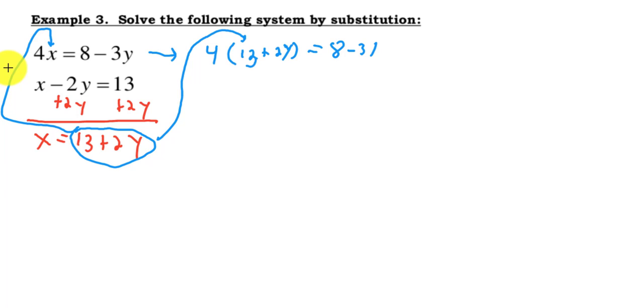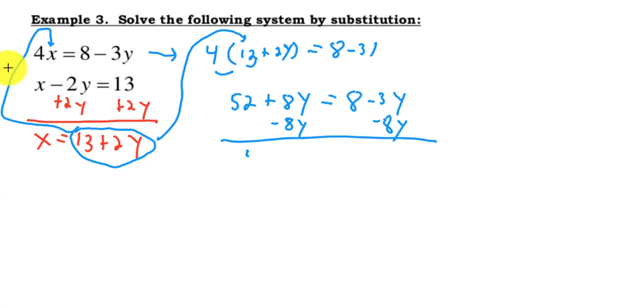So now I have to distribute this 4 all the way through, right? So 4 times 13 is 52 plus 8y equals 8 minus 3y. And let's see, I guess I can subtract 8y from both sides.